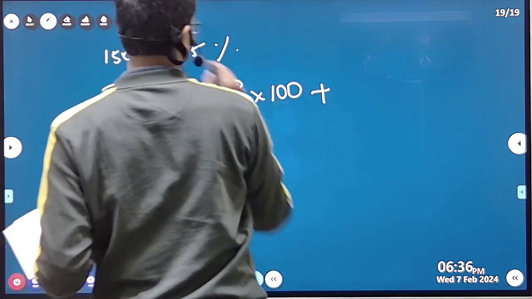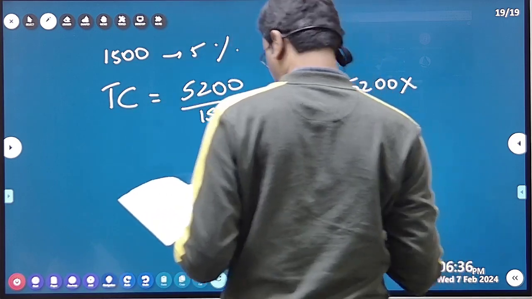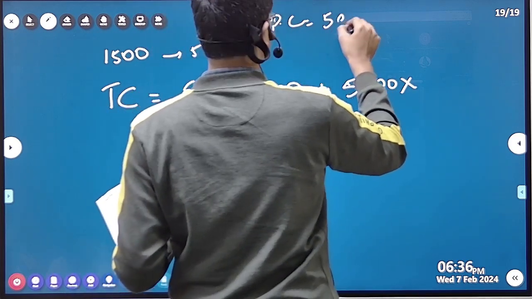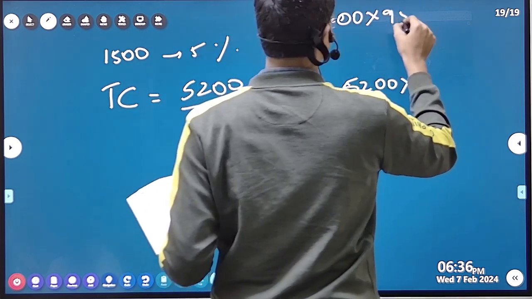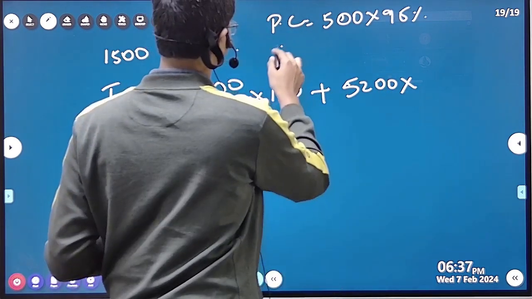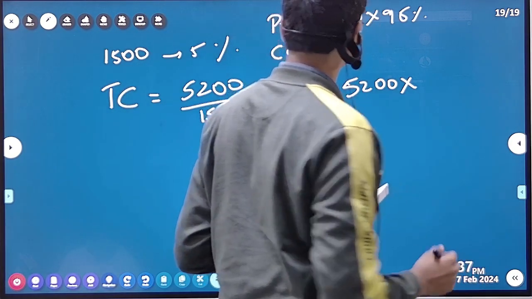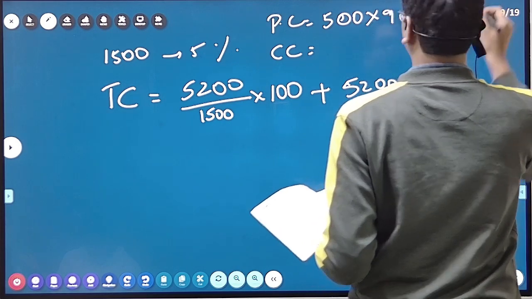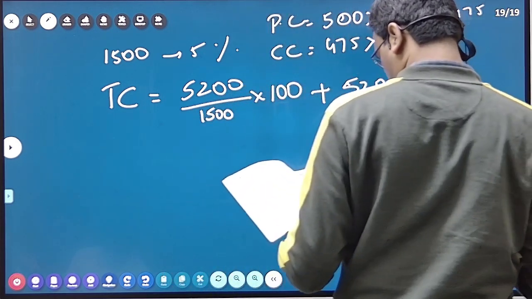This will be 5200 into, so what is the purchase cost? It is going to be 500 into 95%, right? So that would be 475, and your carrying cost would be 475 into 20%.